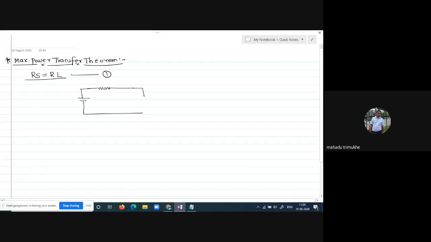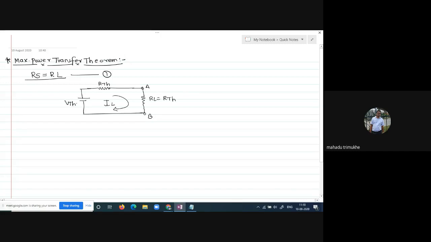We have a load resistance over here, that is RL equal to RTH. This is your RTH resistor. The current flowing through this circuit we assume is IL. We assume here point A and point B, and the voltage is VTH.